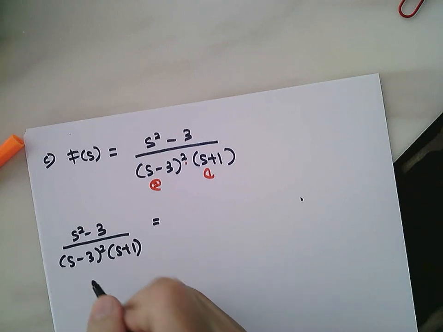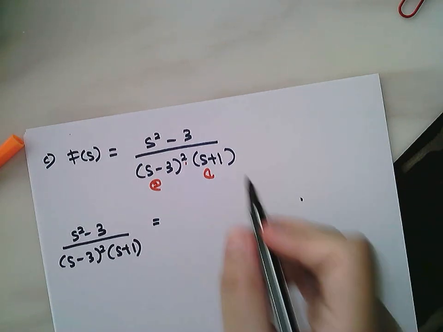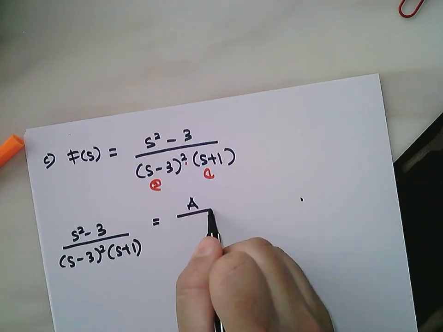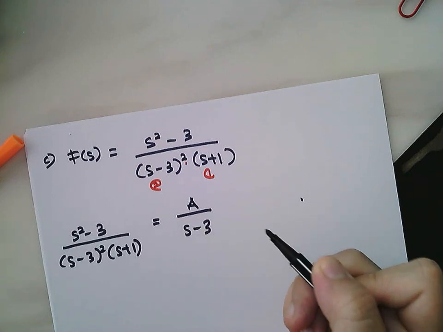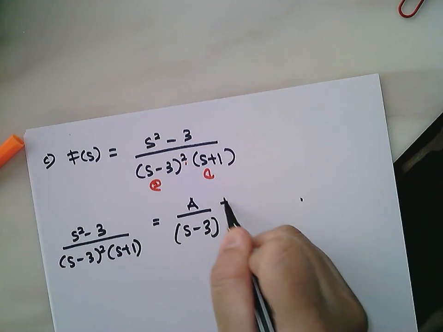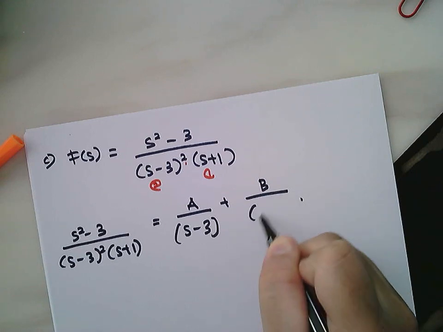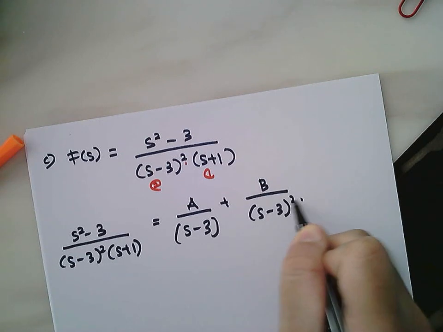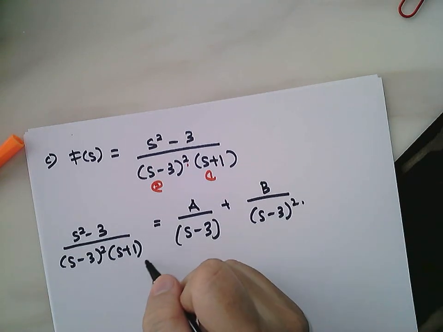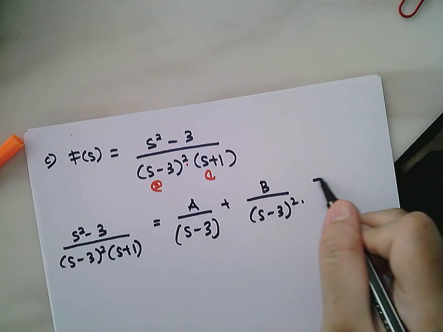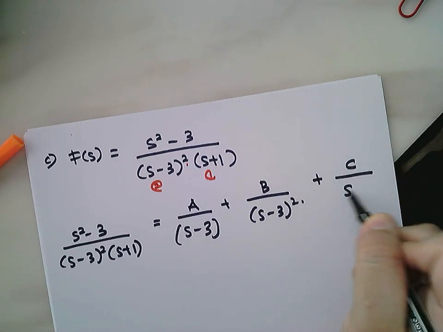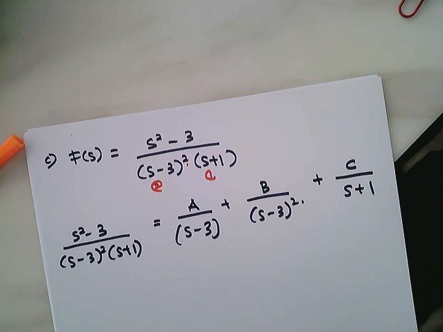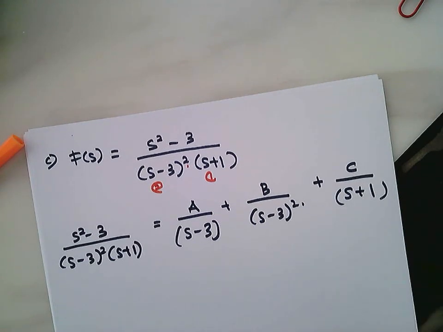this is a repeated linear function, so the first one is A over (s minus 3), plus B over (s minus 3) the whole thing squared, and the last one is a linear factor, so plus C over (s plus 1).